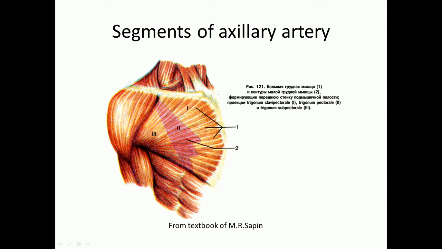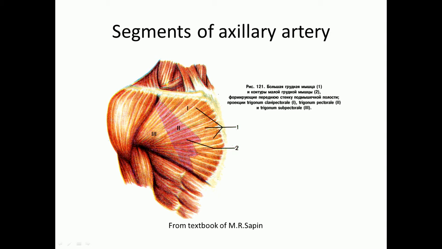Number one is the projection of branches to the so-named trigonum clavipectorale, the trigonum which takes place between the clavicle and the upper edge of musculus pectoralis minor.